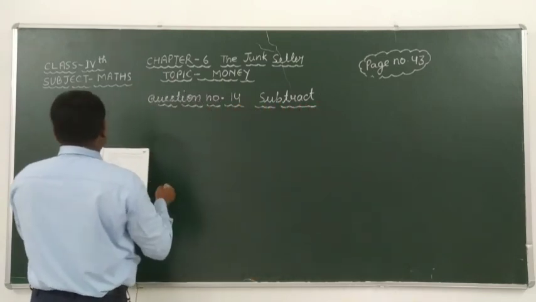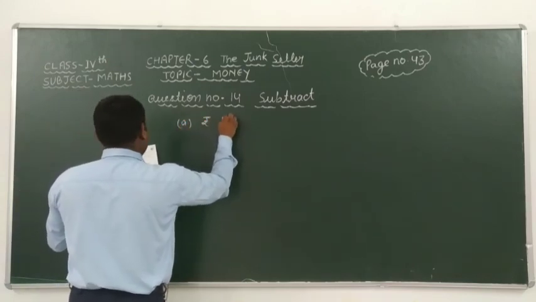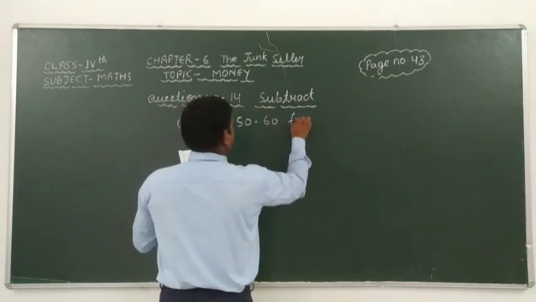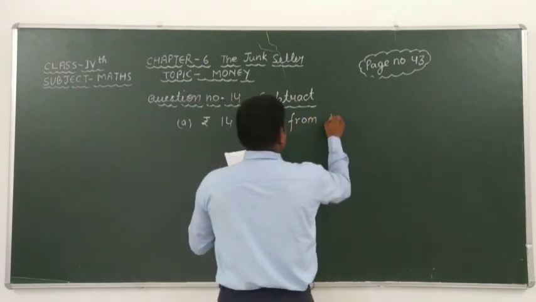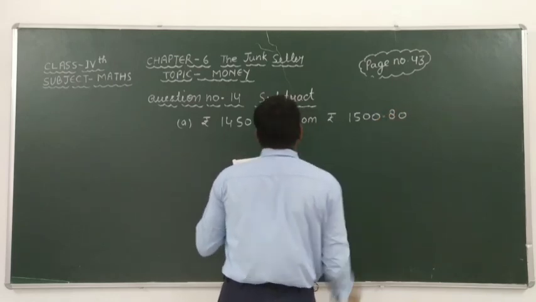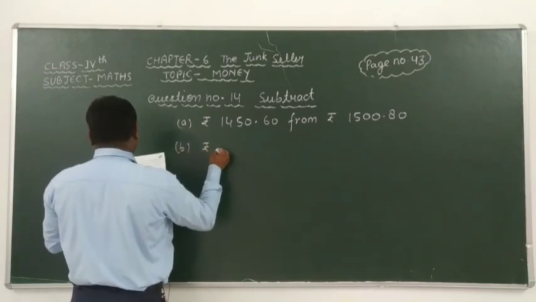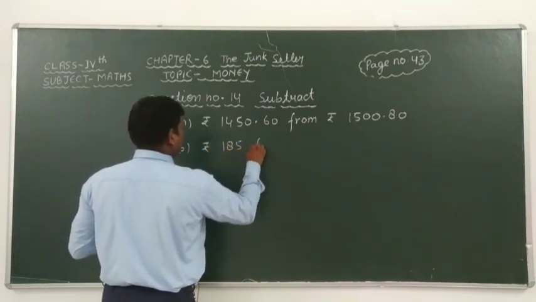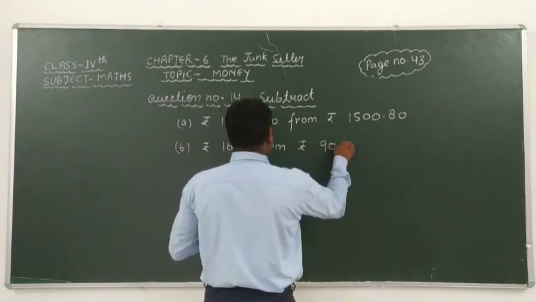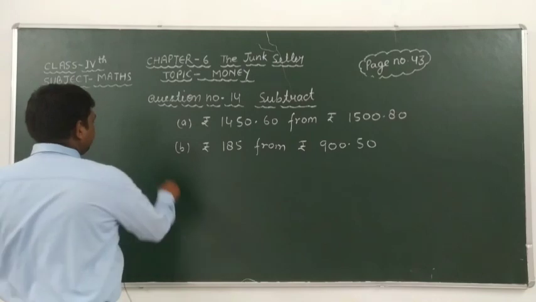Here given that question number 14 of A is rupees 1450.60 from rupees 1500.80, and question number 14 of B is rupees 185 from rupees 900.50. Okay students, look at here carefully.